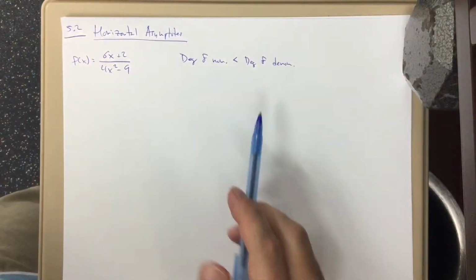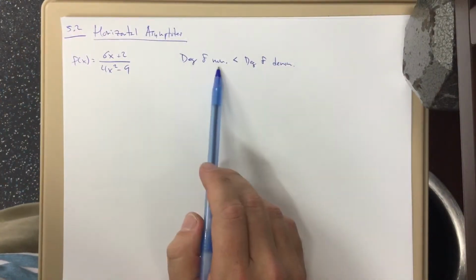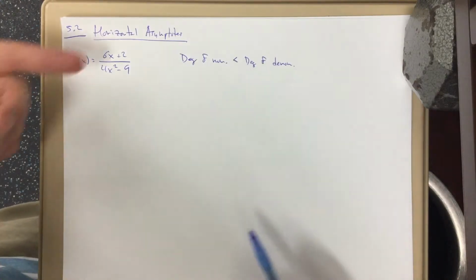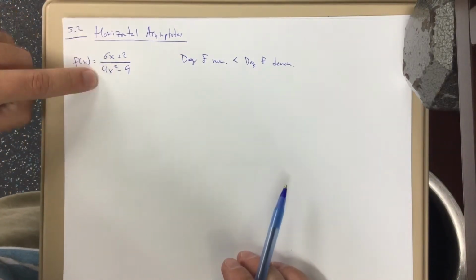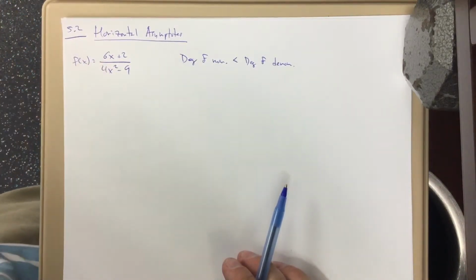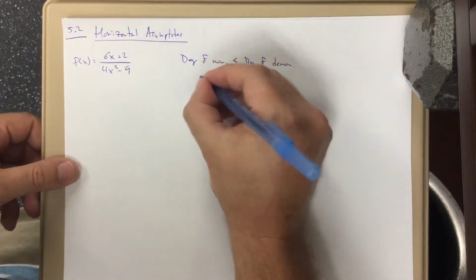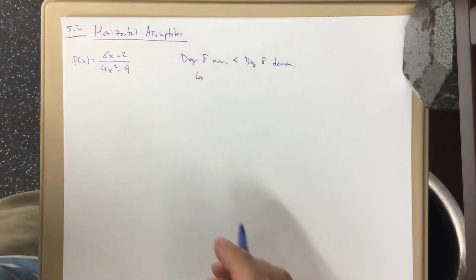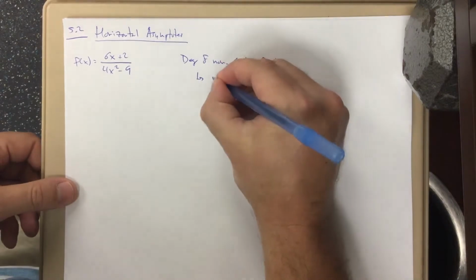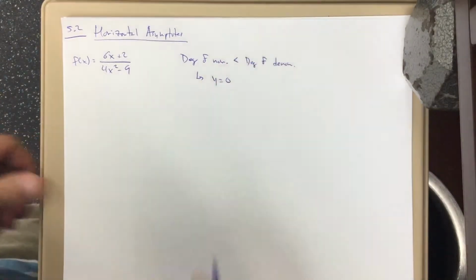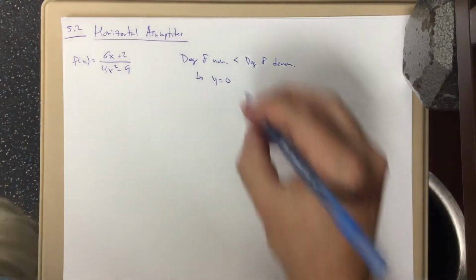That's what we have here: the degree up here is 1, the degree down here is 2. Remember, the exponent. If that happens, then we have a horizontal asymptote at y equals 0.